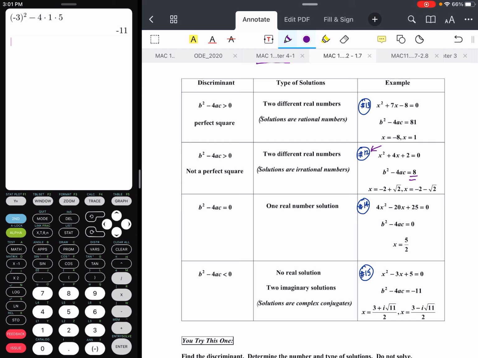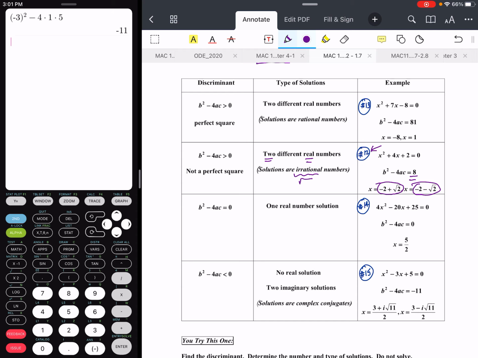And remember that when we solved, we got 2 different real solutions. They were irrational, meaning there's a square root that can't be simplified, but we have 2 real solutions. There's no imaginary unit i in our answers.